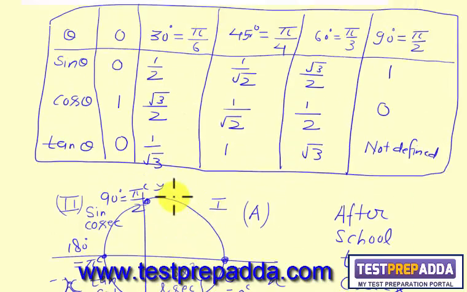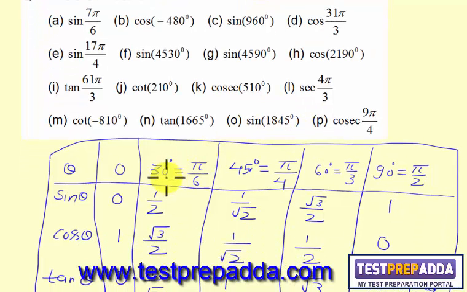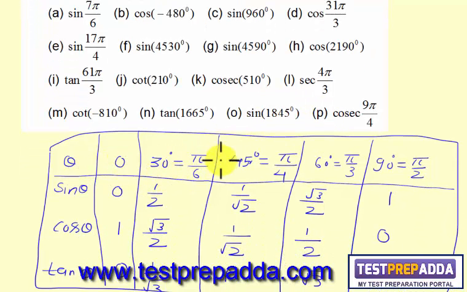Now back to the question. Again, as I told you, different angles are given and we have to find trigonometric ratios of these angles. A very important point, whatever angle is given here, we have to convert these angles into these basic angles: 0 degree, 30 degree, 45 degree, 60 degree, 90 degree.